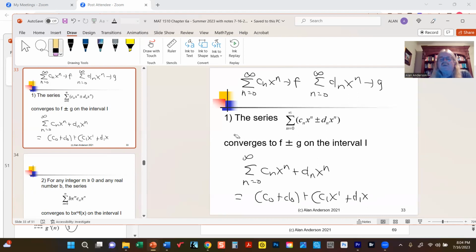Actually, this probably should be written as C1 plus D1 times x. Then you'd have C2 plus D2 times x squared, et cetera, et cetera. Well, then this sum converges to the sum of the two individual series, the functions that the two series converge to.